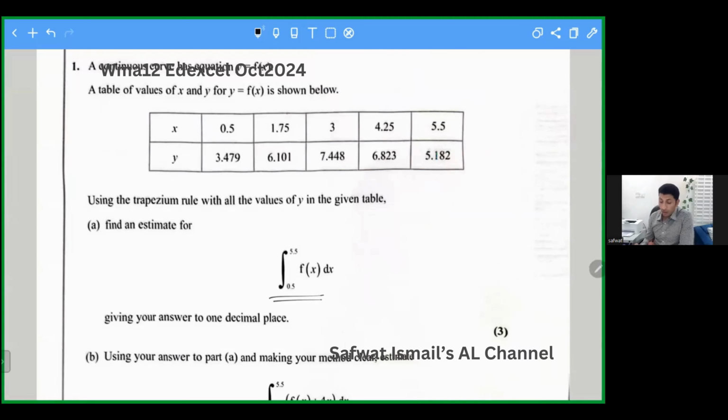So as a start, I'm going to make a sketch of the problem here. So we have a curve that is f of x. We need to find the definite integral from 0.5 to 5.5. And the definite integral here means we need to find the area between the curve and the x-axis.